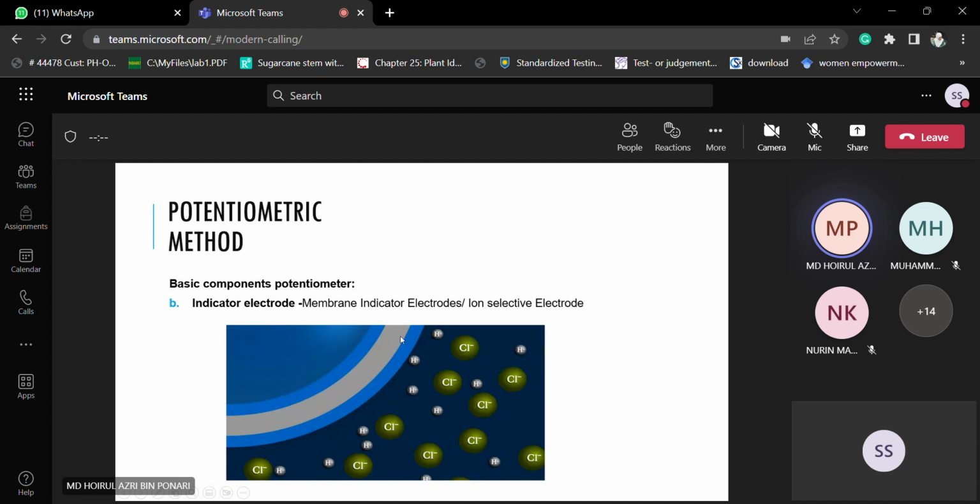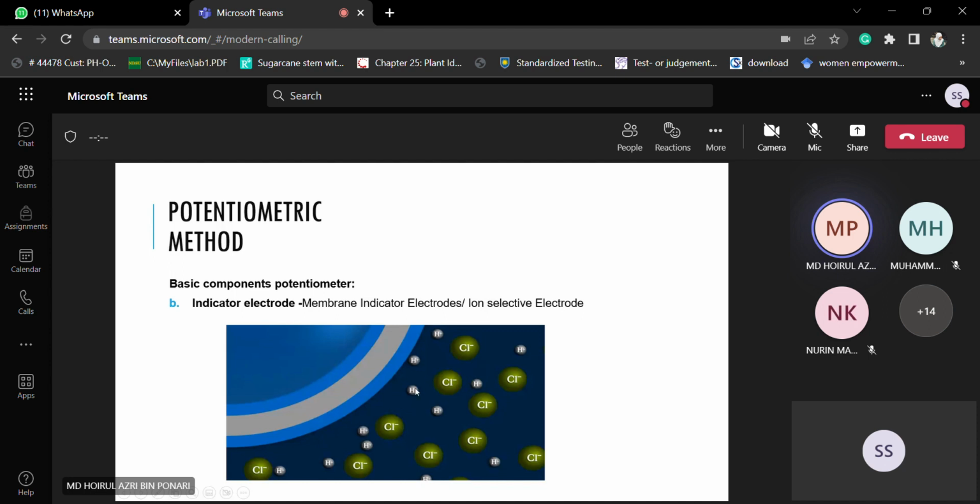So this indicator electrode is made out of glass membranes. This glass membrane is very selective. It can only select hydrogen ions. Imagine we have potassium chloride for example, ataupun kita ada solutions.